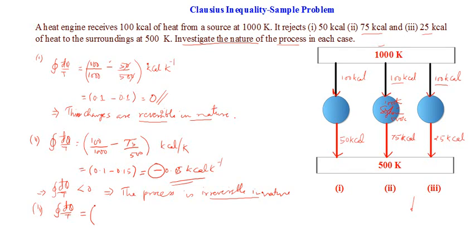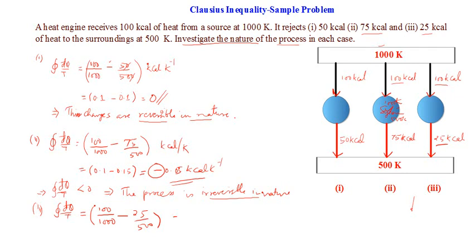So it's all the same in all three cases, and only to make our calculation easy it has been done like this: 1000 minus, second part, what is the heat outgoing, rejected? That is 25 upon 500.